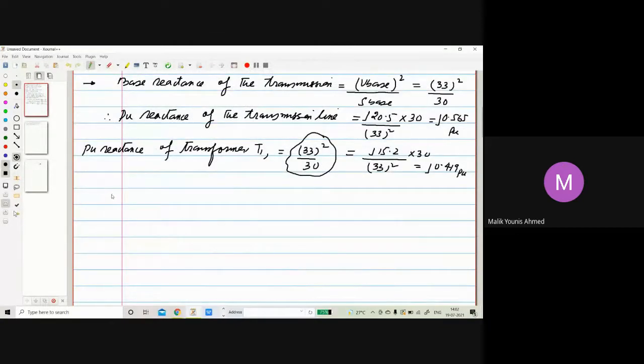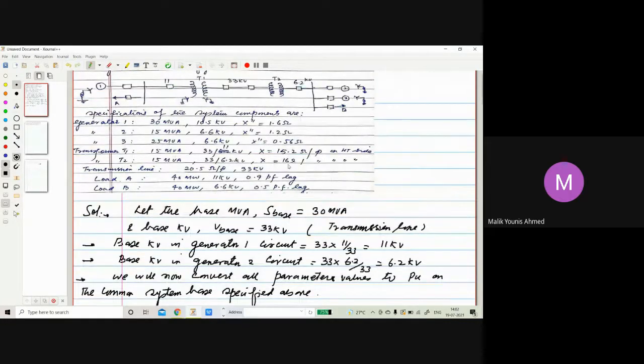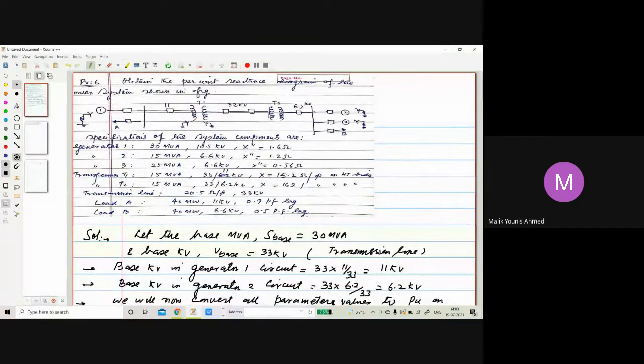Next is the per unit reactance of transformer T2. What is the actual value of T2? Actual value is 16, also on the HT side. HT of T2 is the left side, so it is 33.